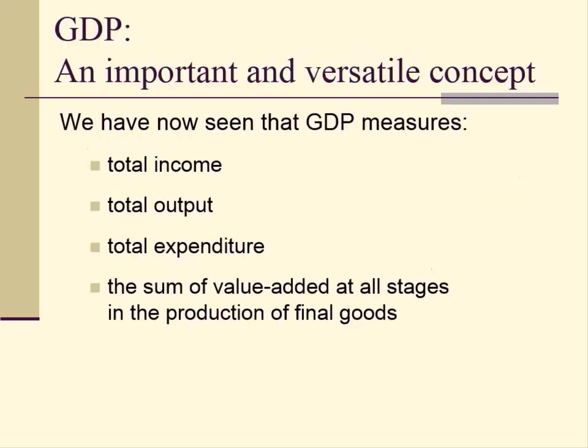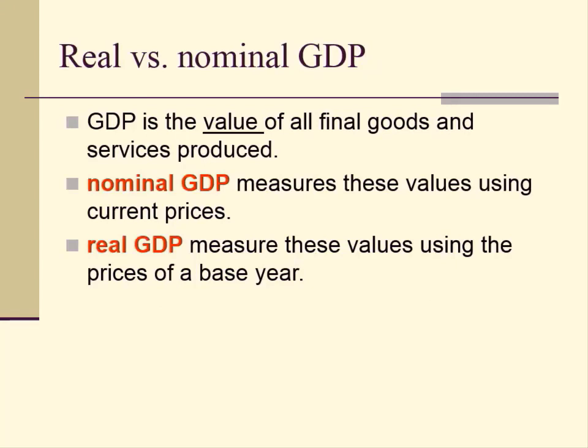We have now seen that GDP measures total income, total output, and total expenditure, and it is the sum of value added at all stages in the production of final goods. Therefore, you will see that we use them interchangeably with GDP throughout the course. Now let's review.